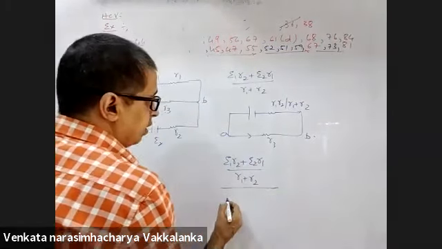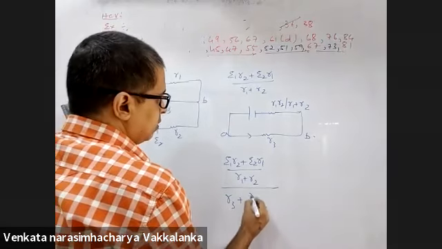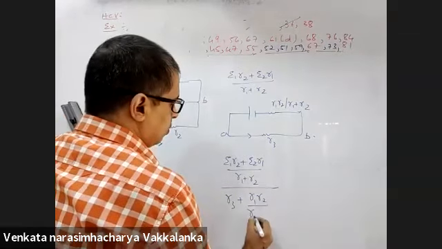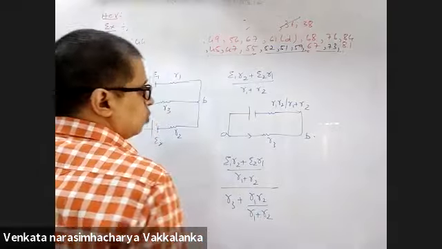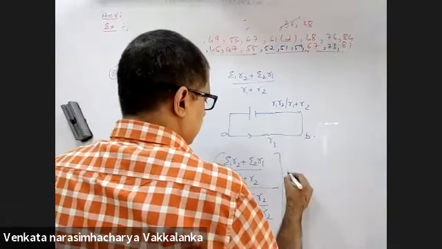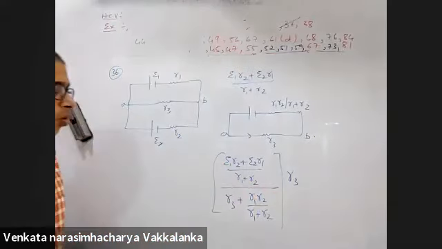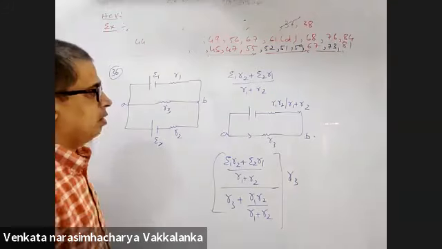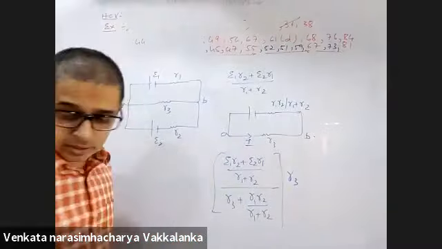The current is EMF divided by (R3 plus R1 R2 by R1 plus R2). Whole of this into R3. Understood, sir. Thank you, sir. Got it. I into R3. Answer आ रहा है?